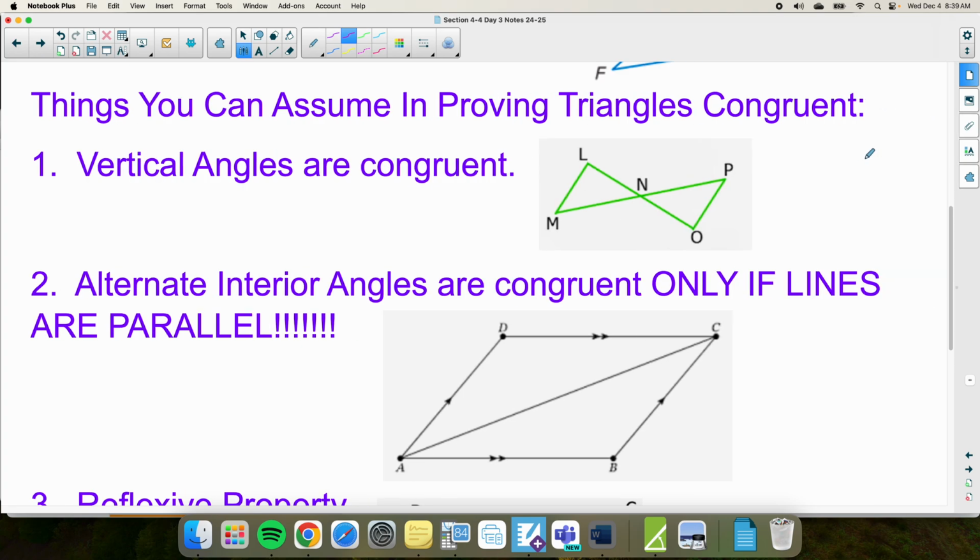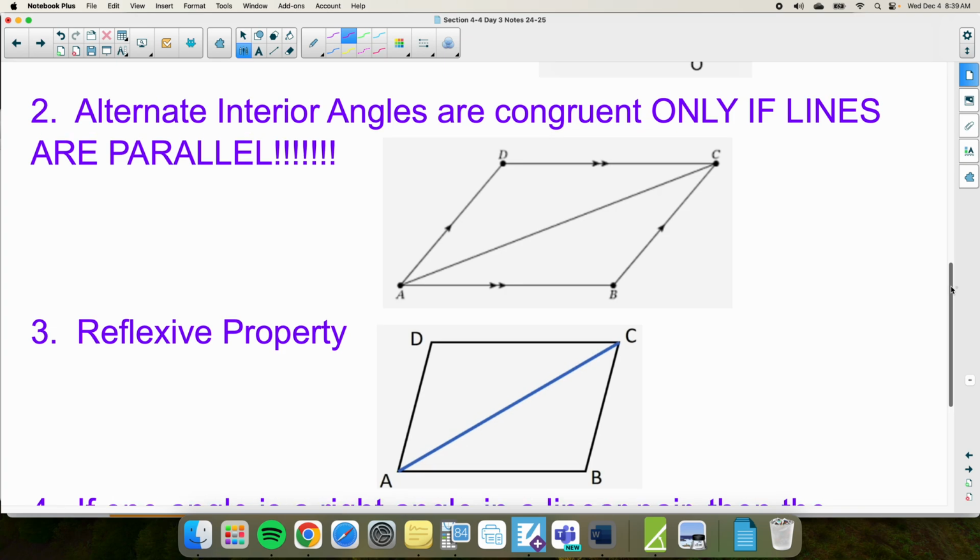Okay? Now, if you're ever wondering, what can I assume from a diagram? You can always assume vertical angles.